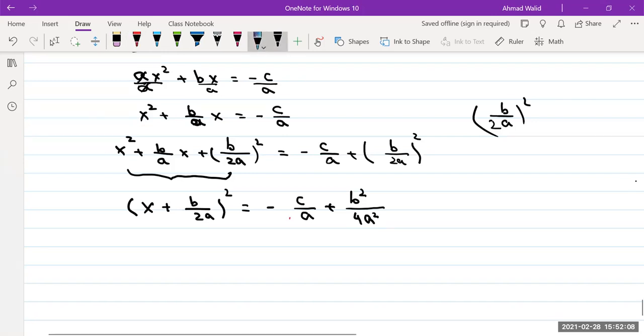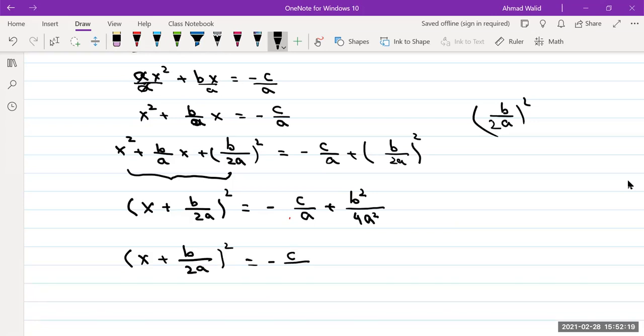I'll rewrite this step: x plus b over 2a, all squared, equals negative c over a. What I do here, I will multiply the top and bottom by 4a to get a common denominator, right? Plus b squared over 4a squared.